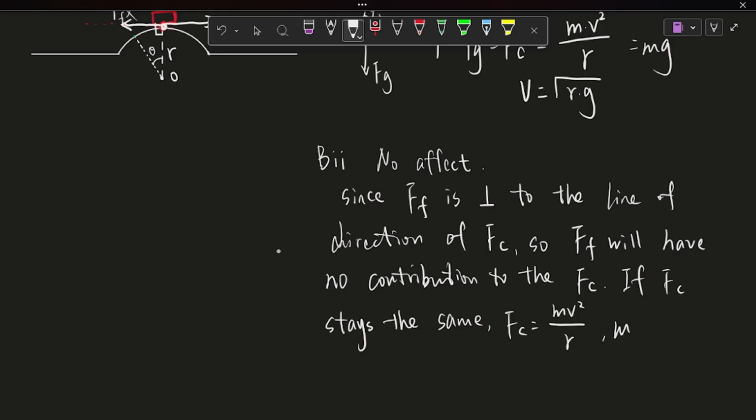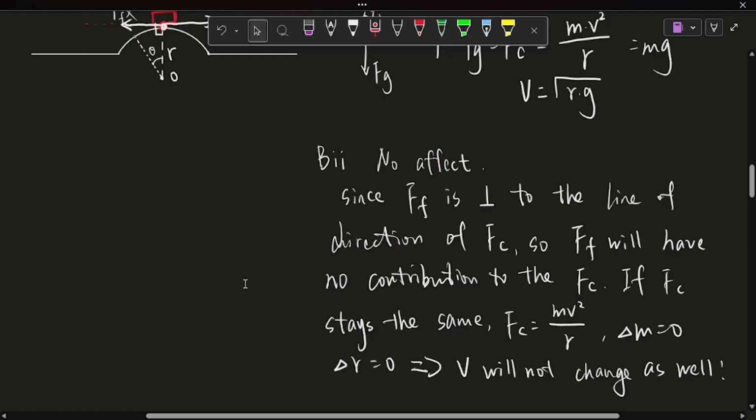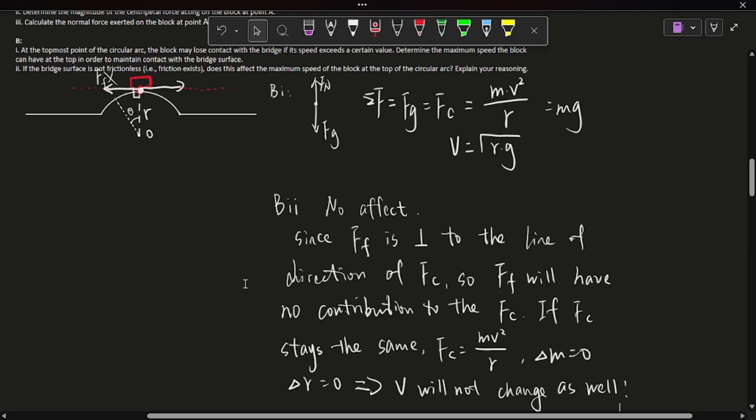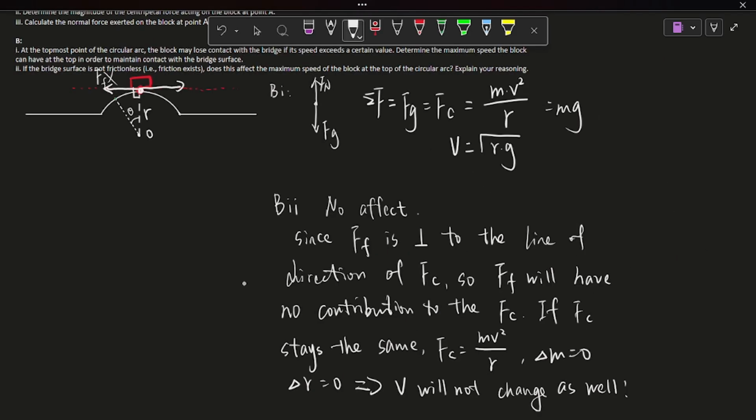So we can get v will not change as well. That's your answer. So over here, the maximum speed the object can have with the friction on the surface is actually equal to the square root of rg. So no change.